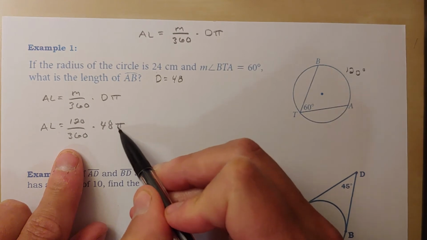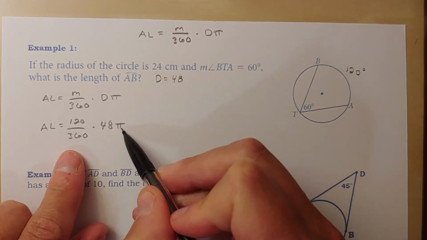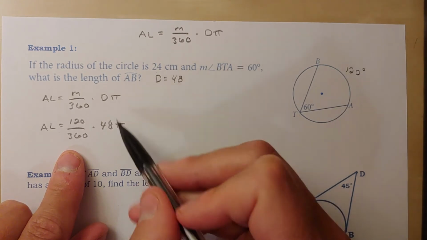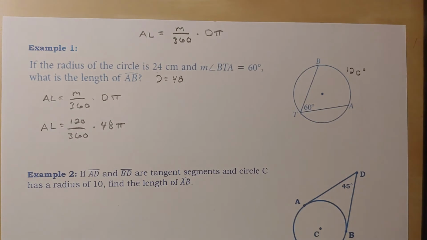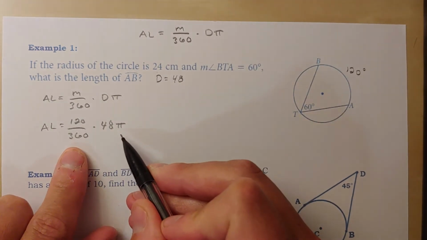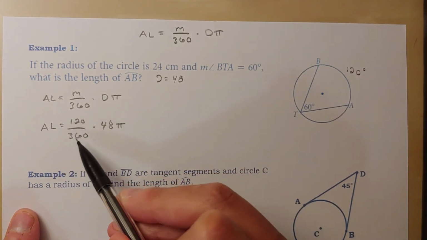I'm not going to replace pi with about 3.14. I'm not even going to use the pi button on my calculator. I'm going to leave the pi here, and my answer is going to have a pi in it. This is called leaving the exact answer in terms of pi. So what I'm going to do first is look at this fraction and see if I can simplify it.